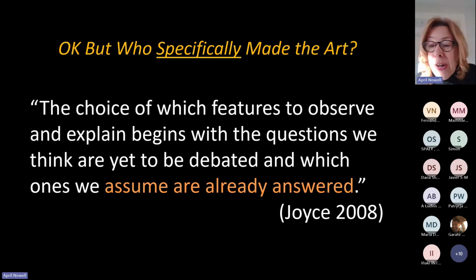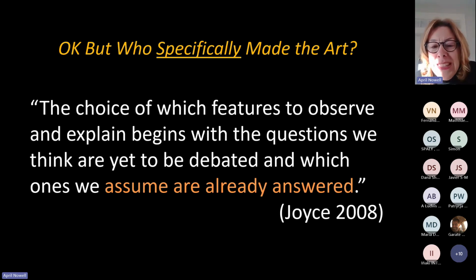But the question that we're more interested in today, of course, is who specifically made the art. In whose hand is the pigment being held, and so on. And when it comes to that question, who did anything in the Paleolithic, who made the tools, who hunted, we tend to have one answer, or until recently we thought that question was answered.